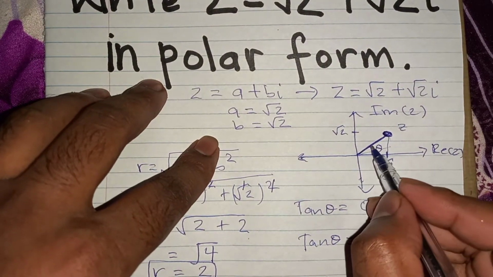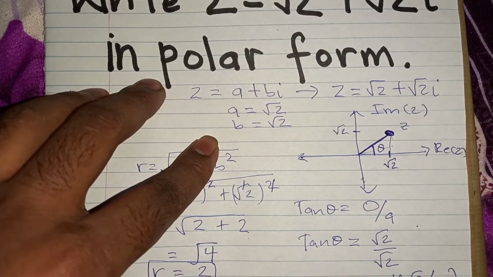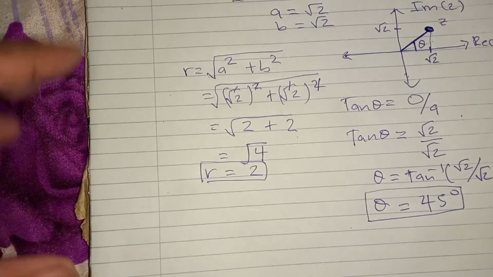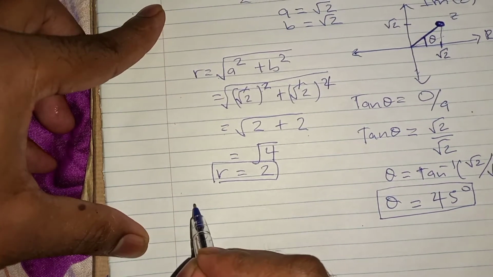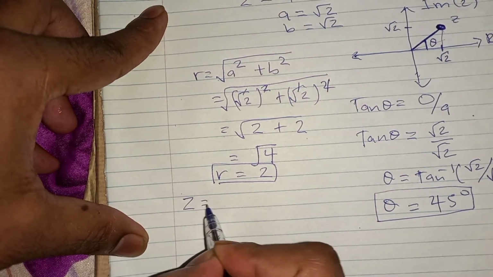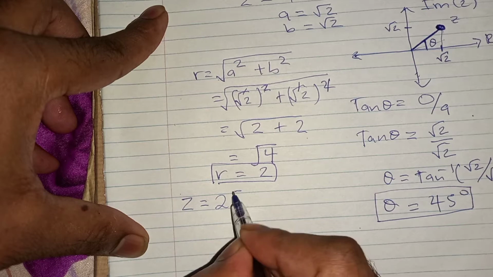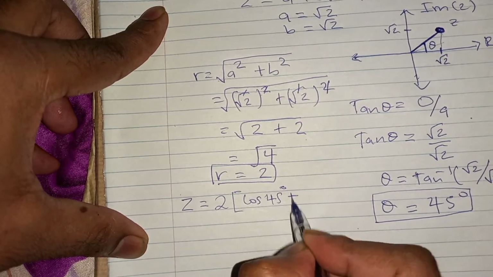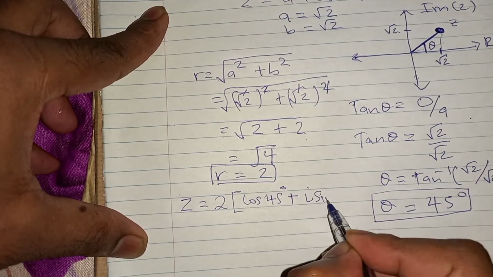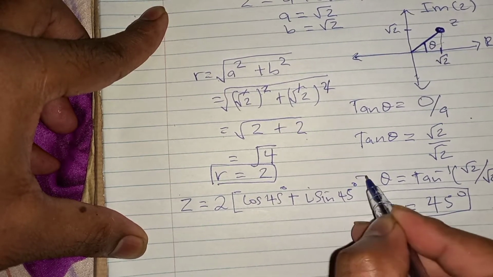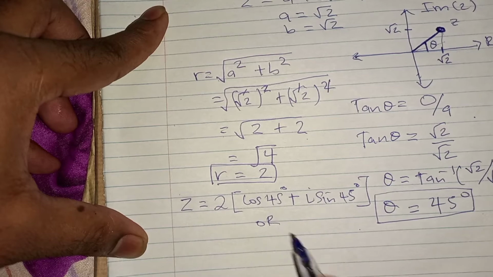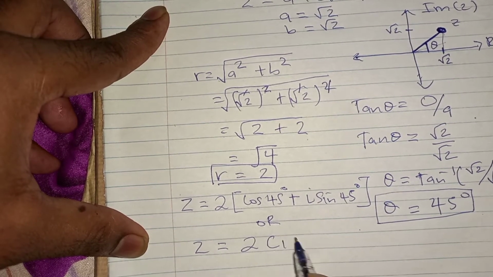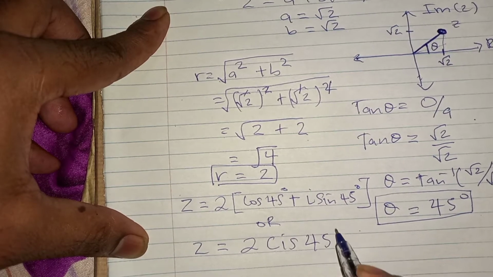Yes, it is 45 degrees. So we can write this in polar form: z equals 2 cos 45 degrees plus i sin 45 degrees, or we can say z equals 2 cis 45 degrees.